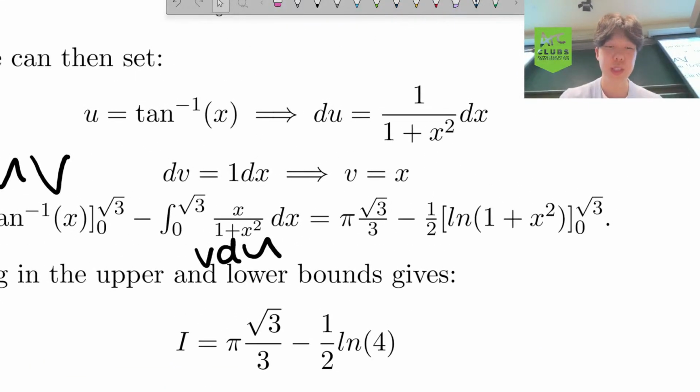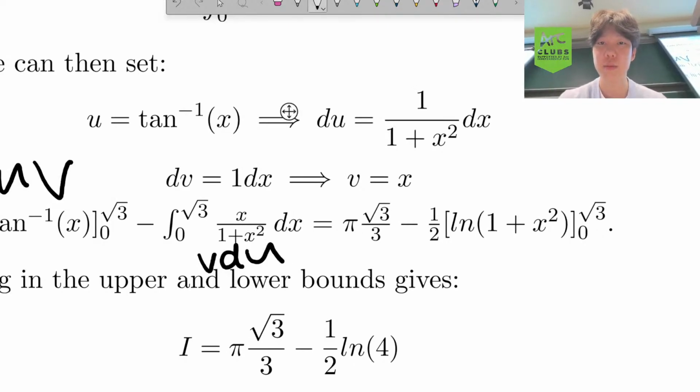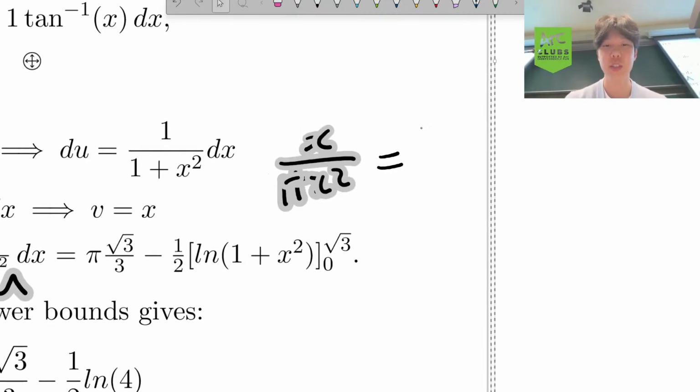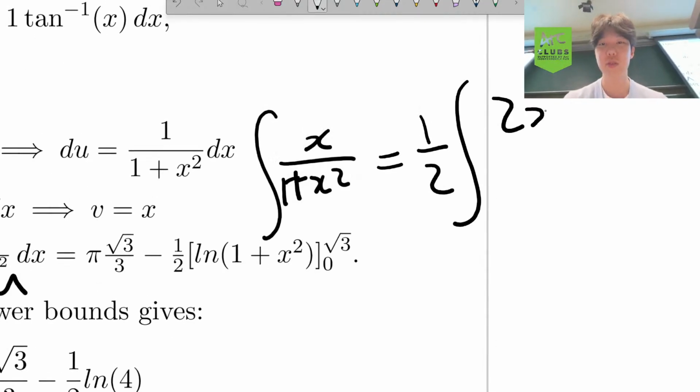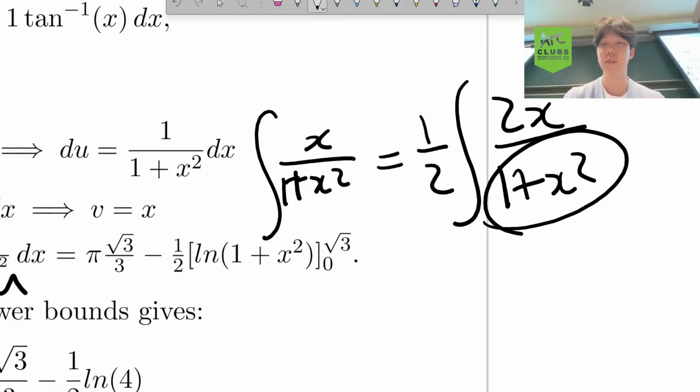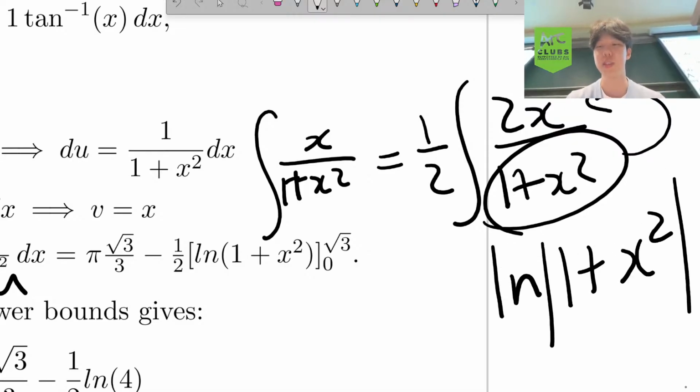Solving this integral, if you're wondering, x over 1 plus x squared can actually be written as half 2x on 1 plus x squared, such that the derivative of the bottom is actually at the top, so it is going to be the natural log of 1 plus x squared.